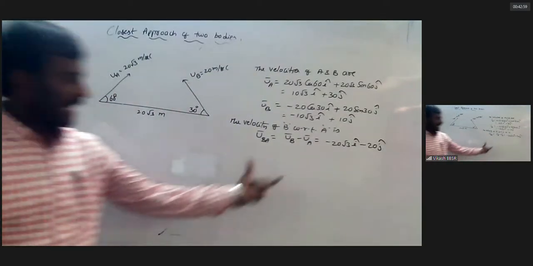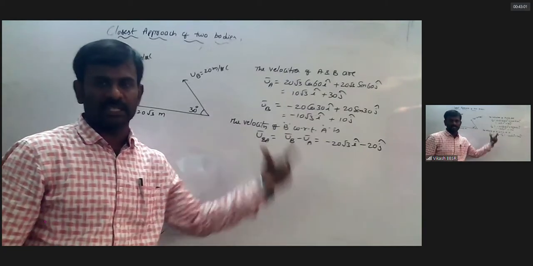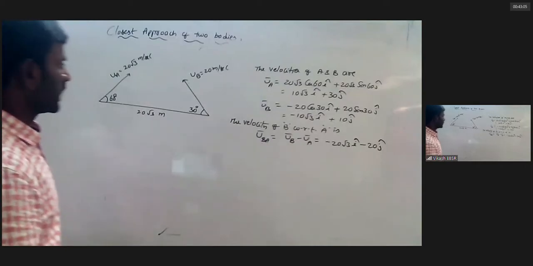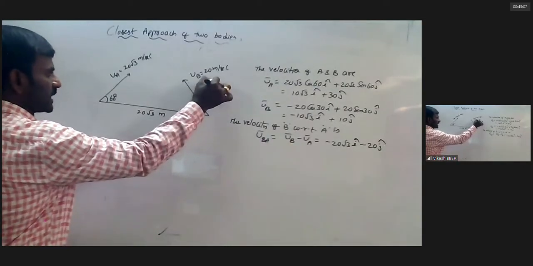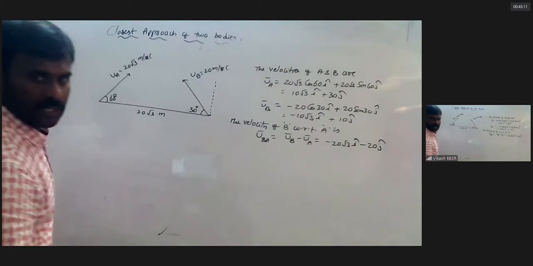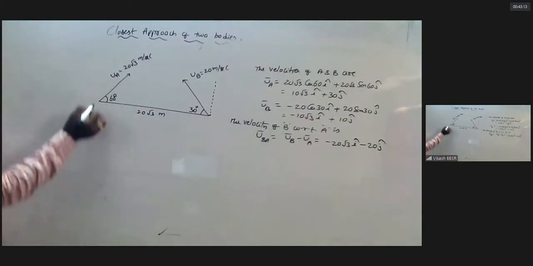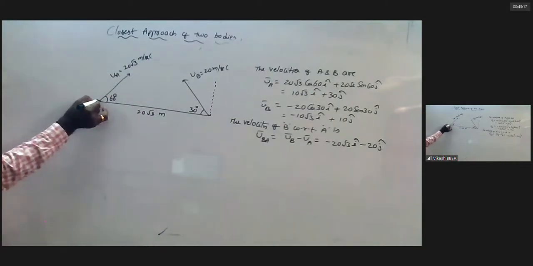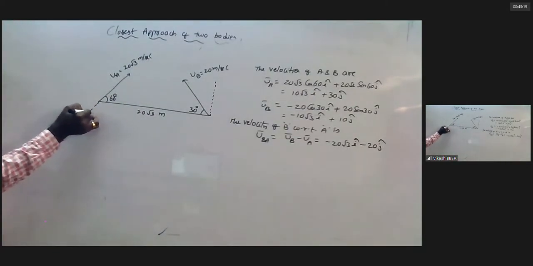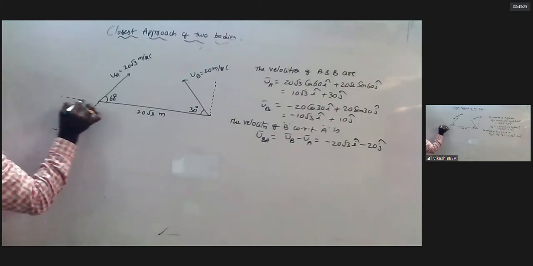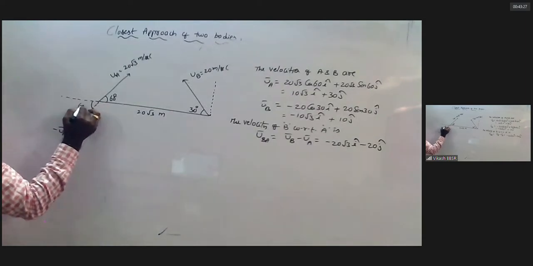What is the direction of this one? Direction of this. See here, x axis, y axis you can take. This is x axis. Listen, all of you listen. This is UA bar. UB bar minus UA bar. Minus UA bar means like this. How much angle with this one? 60 degree.